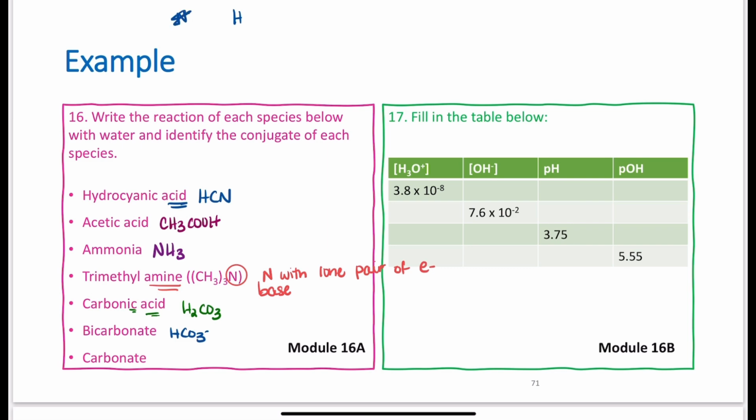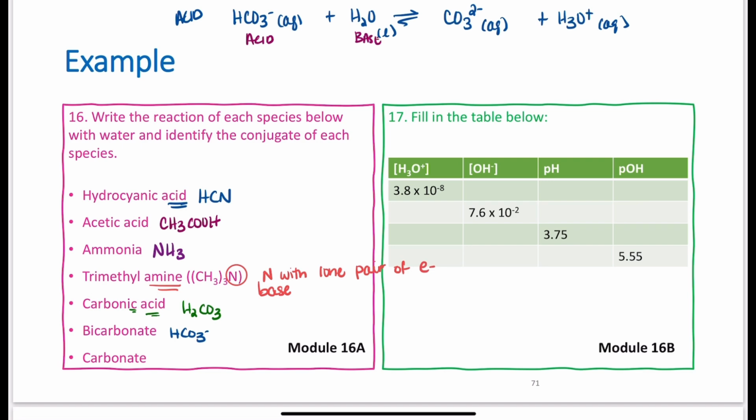If bicarb acts as an acid, HCO3- plus water, acting as an acid, it would donate that proton, so it would form carbonate and hydronium. This is the acid. This is the base. Conjugate base. Conjugate acid.